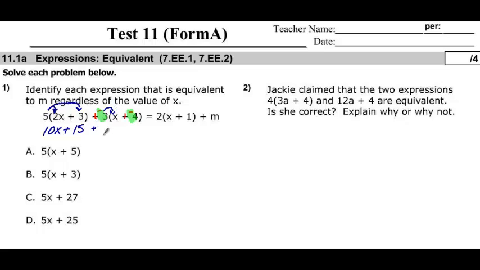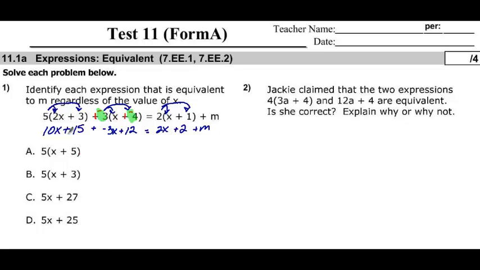So plus, because everything is going to be addition, negative 3 times x is negative 3x, and negative 3 times negative 4, I see those two greens are the same sign, so it's going to be plus positive 12. That's equal to 2 times x, which is 2x, 2 times 1, which is 2, plus m. So highlighting the negatives helps us keep track of those.